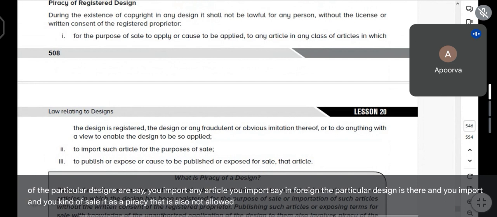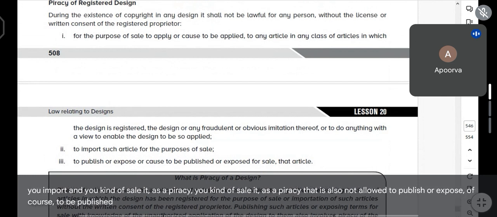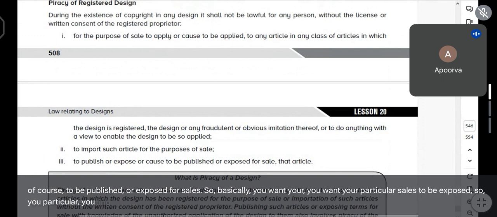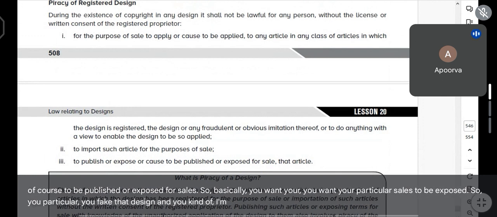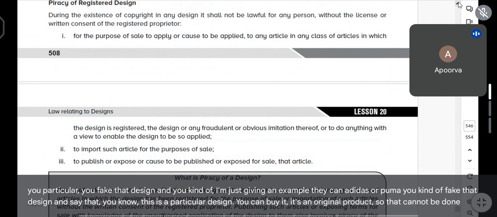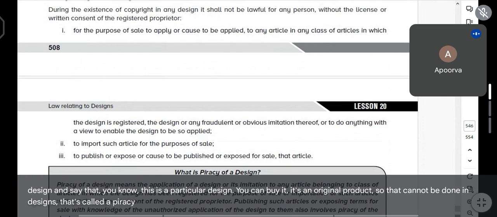Also, to publish or expose, or cause to be published or exposed, for sale. Basically, you want your sales to be exposed, so you fake that design. I'm just giving an example, like an Adidas or a Puma. You fake that design and say that this is the particular design, you can buy it, it's an original product. That cannot be done with designs. That's called piracy of designs. It is not allowed.